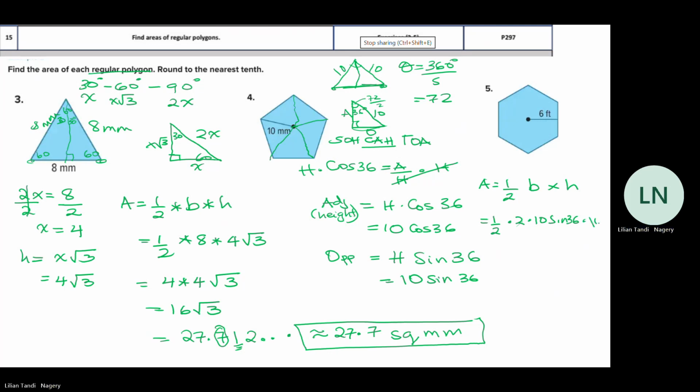This 2 and this 2 will go away. Now just put this part in the calculator: 10 sine 36, close parentheses, multiply by 10 cos 36, close parentheses.